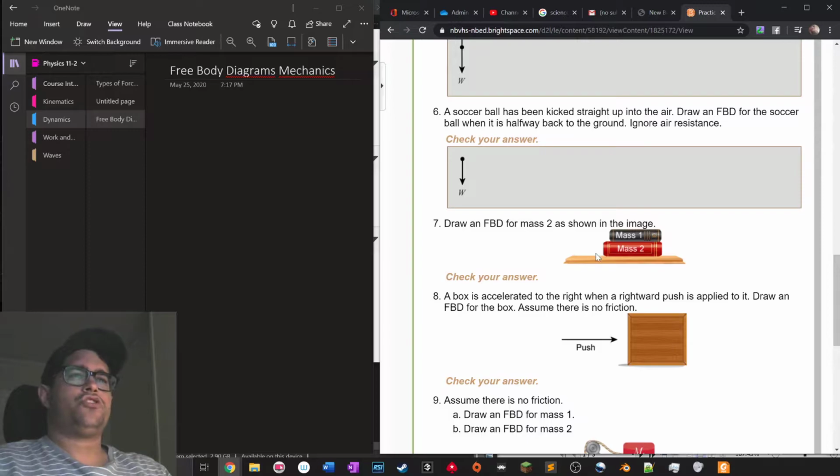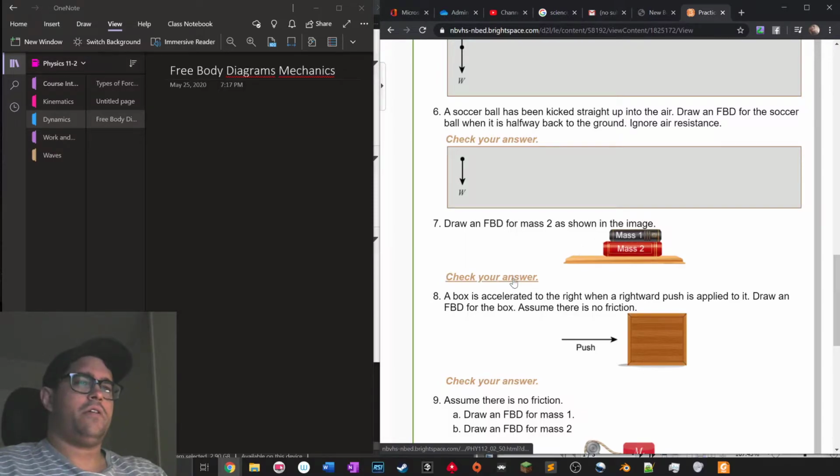The FBD of mass 2 is shown in the image. Okay, so mass 2 has its own weight, W, and a normal force from the table. It has also a force downwards, which we can call F1, created by mass 1.